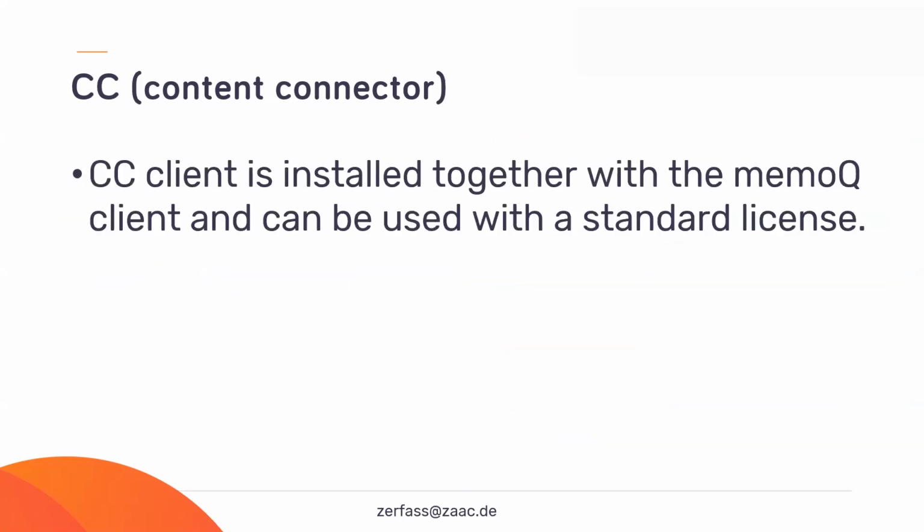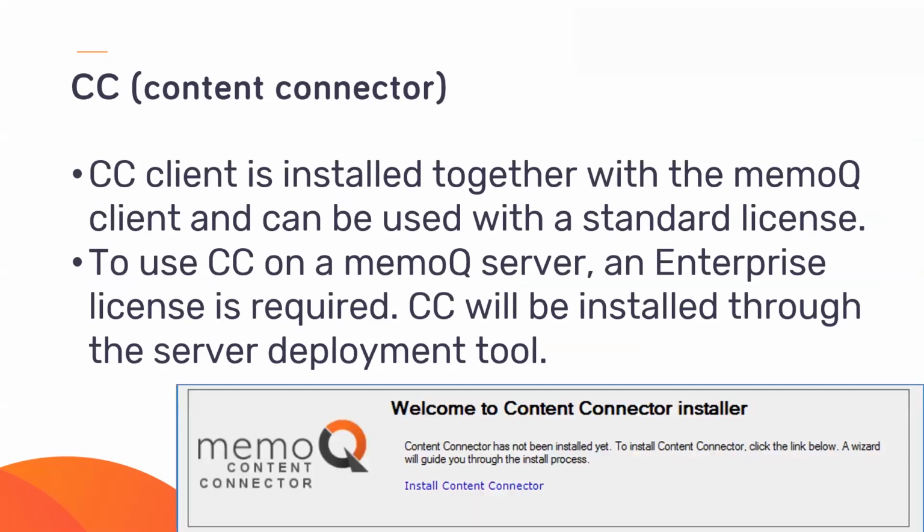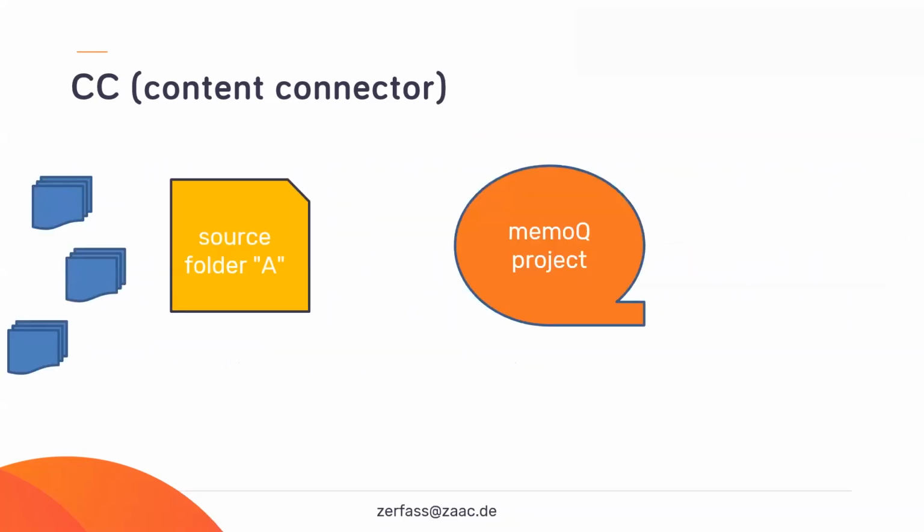It's installed with memoQ, can be used with a standard license, so nothing extra required. If you want to use it on a memoQ server, you need an enterprise license, and it's installed through the deployment tool. So you have to install it separately. It's not installed together with the memoQ server directly, but installed through the same tool.